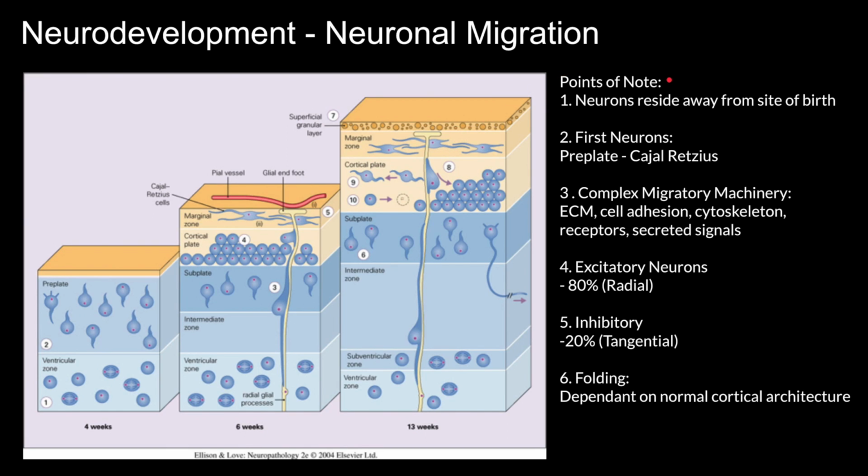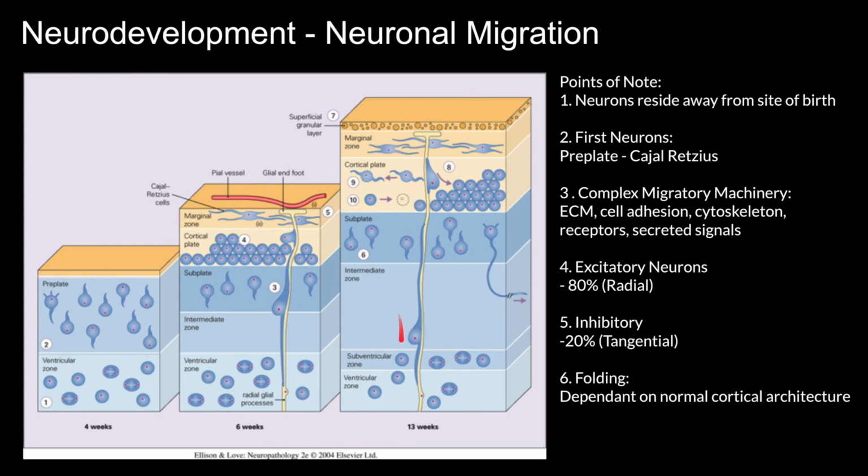So some key points here to note that will hopefully help make this process more understandable as we go through the notes is that, again, neurons reside away from their site of birth. They're born in the ventricular zone, and you can see they have to travel a long distance to reach their final destination.